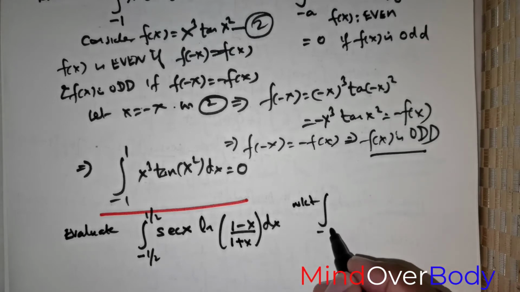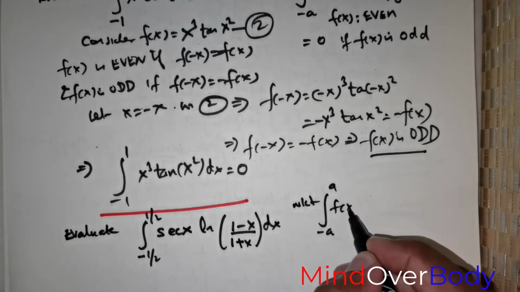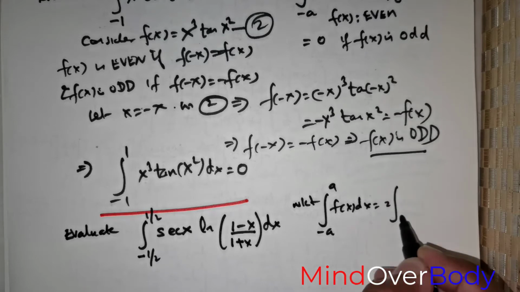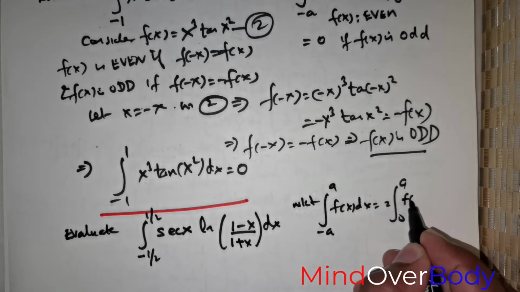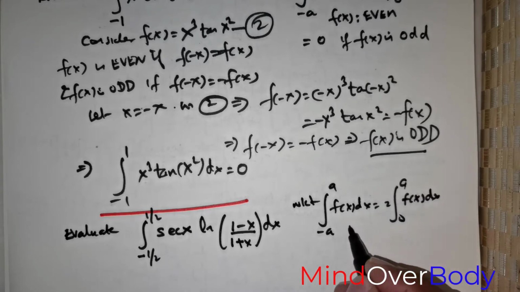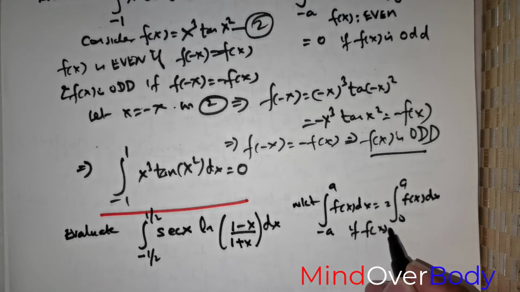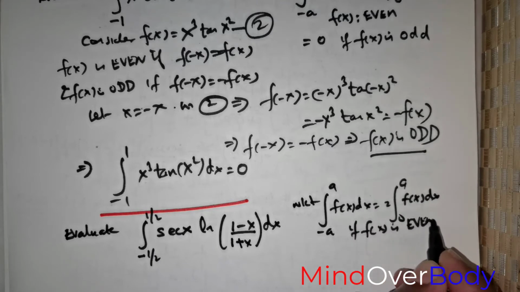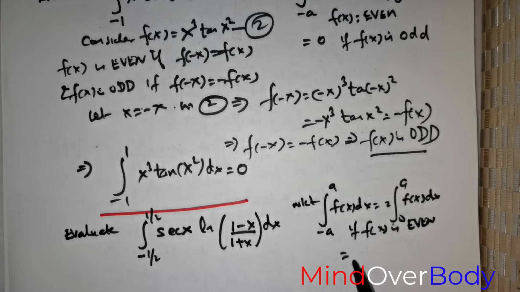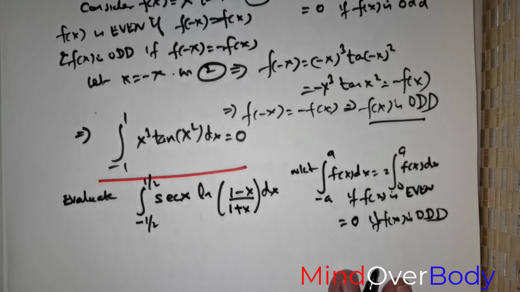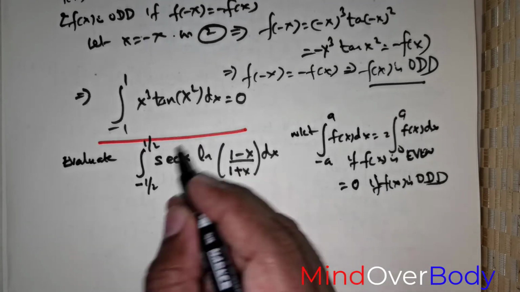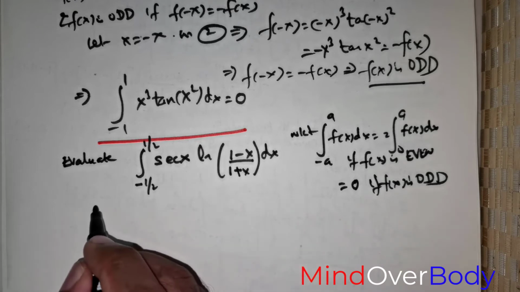We know that the integral from -a to a of f of x dx is equal to 2 times the integral from 0 to a of f of x dx if f of x is even, and on the other hand it is equal to 0 if f of x is odd. So the major requirement here is to find out if this is odd or even.